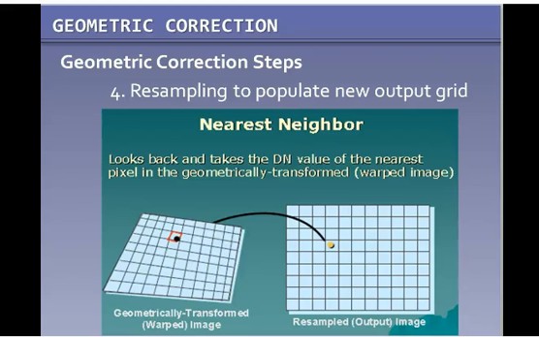So even though you may have overlap or there may be 2 pixels in your new grid that are associated with 1 pixel in your old grid, they would both get the same value. It's literally just saying I'm going to take whichever DN value from my original image is most closely linked to this new transformed warped image when I do that transformation and overlay it on the original image.